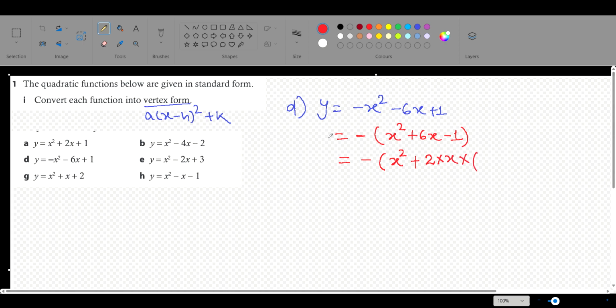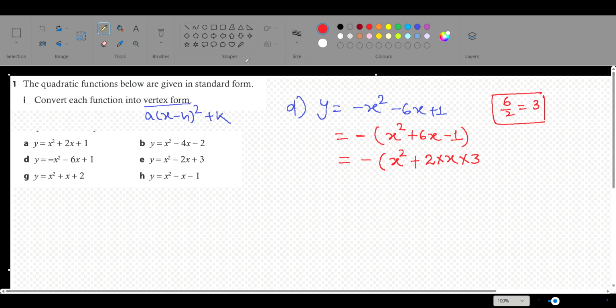B is 6 by 2, and 6 by 2 is 3. So if I multiply 2x with 3, it becomes 6x.